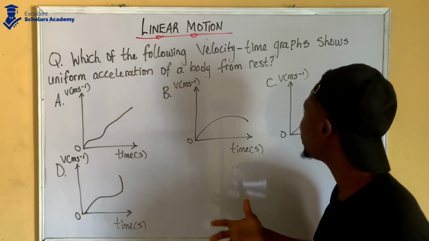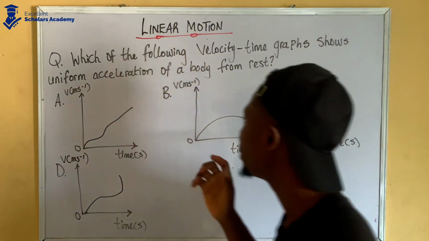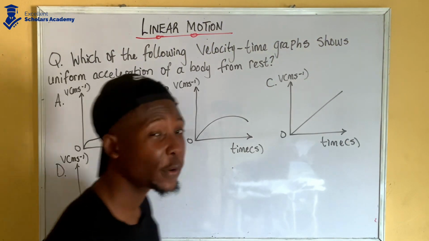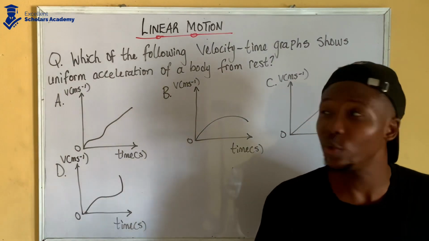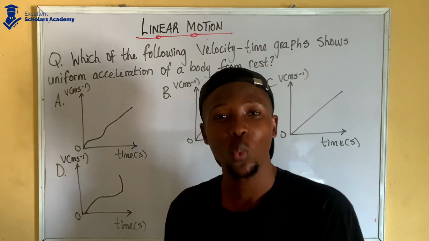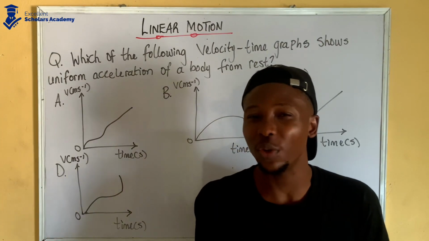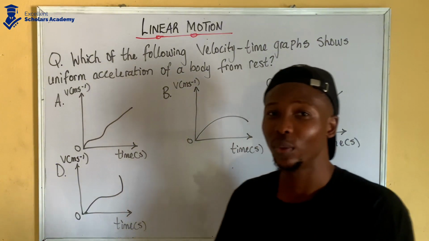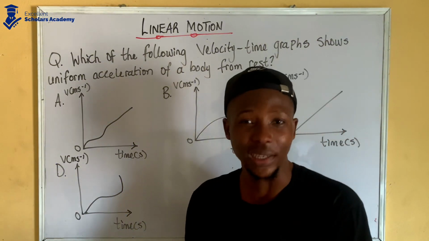Now let's solve more questions. Which of the following velocity time graphs shows uniform acceleration of a body from rest? Now what does uniform acceleration mean? Now uniform acceleration means when the rate of change of velocity with respect to time is constant, all right, we are said to have a uniform acceleration.